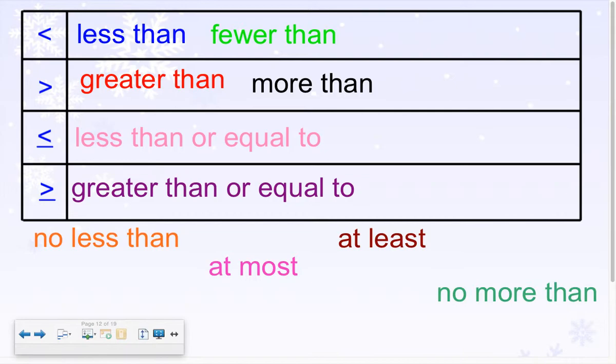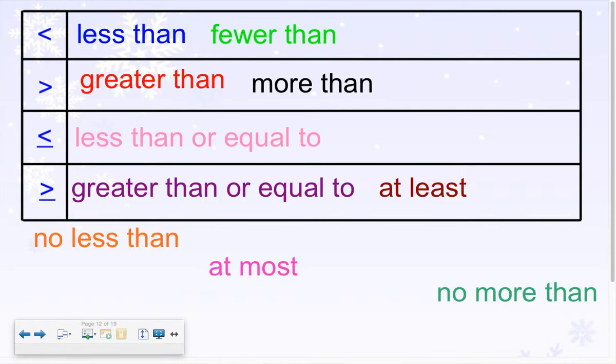All right, now we've got four left, and these ones are a little bit more complicated. So I'm going to try to explain a real world situation to go with each one. Let's look at "at least" first. If I say I need at least $5 to get into the movie, that means I need $5 or more, which would be greater than or equal to.